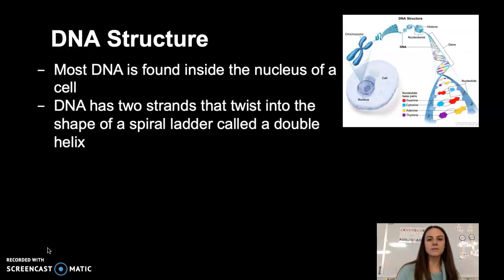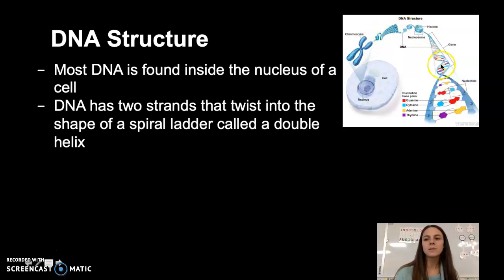The structure of DNA, it looks like this. If this is one cell in our body right here, and this is the nucleus inside that cell, inside the nucleus are these things that we call chromosomes. These chromosomes are just really tightly coiled up DNA.